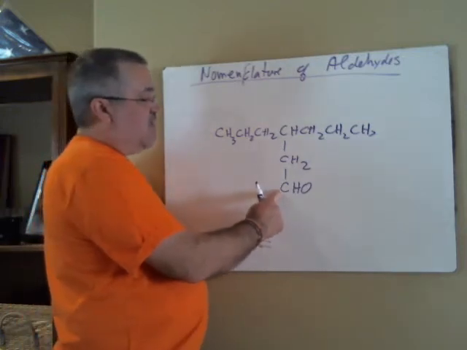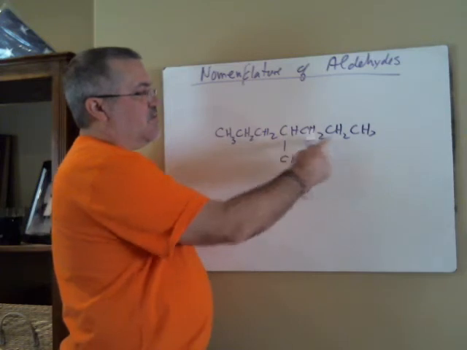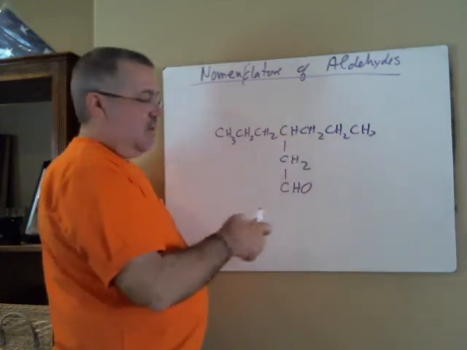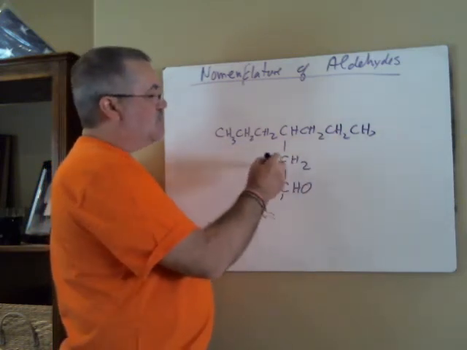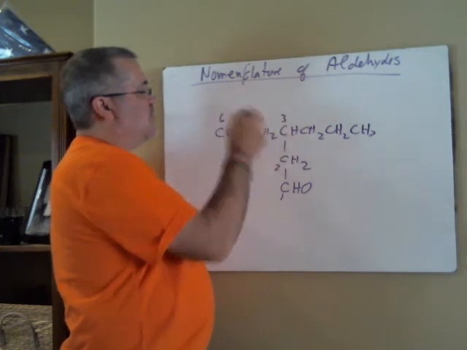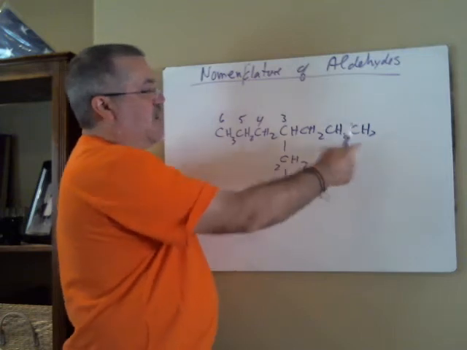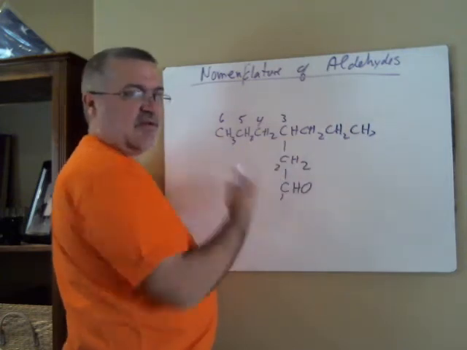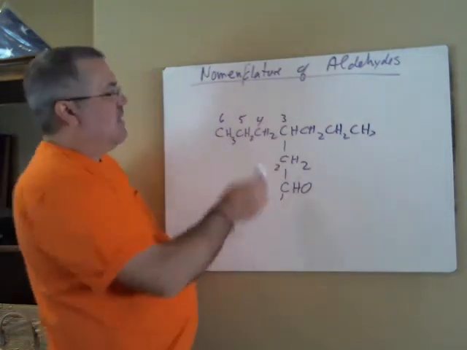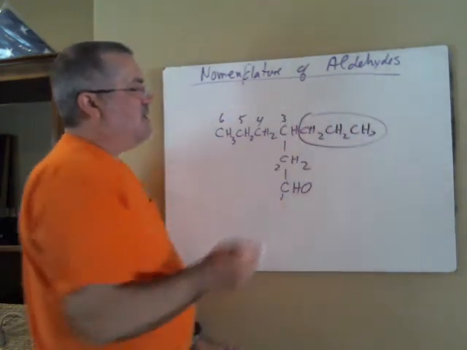So that means I have to go up this way, and then I either go this way or this way. Oh, it's the same. So start numbering 1, 2, 3, 4, 5, 6, but it wouldn't matter if you had numbered out this way because you have 3 carbons on either side of this one, so it's symmetric. Okay, but that means that this is my substituent right here, right?